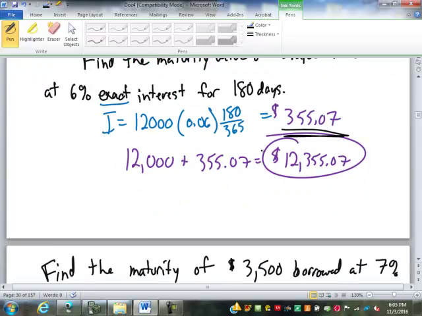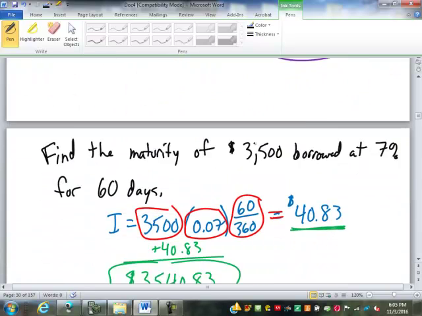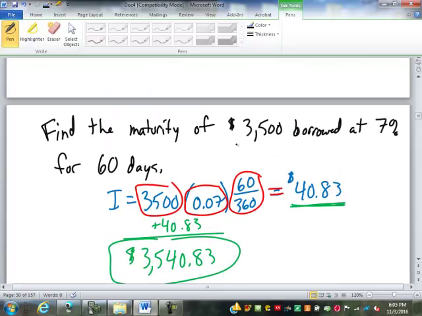Okay. Does it matter when you say borrowed and invested? The interest is calculated the same way. And for the value one, is it always going to be finding the maturity value, and not the other way around, finding the principal from it?